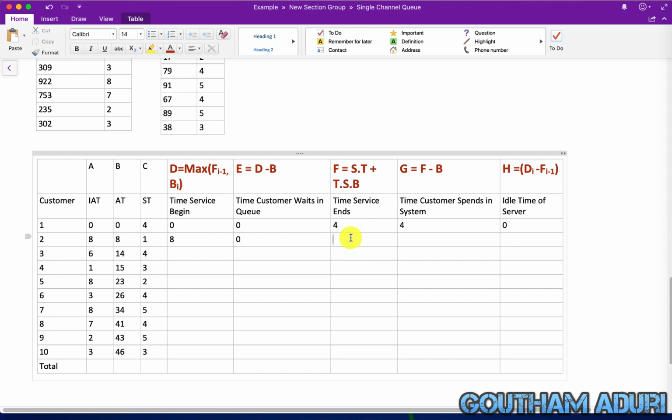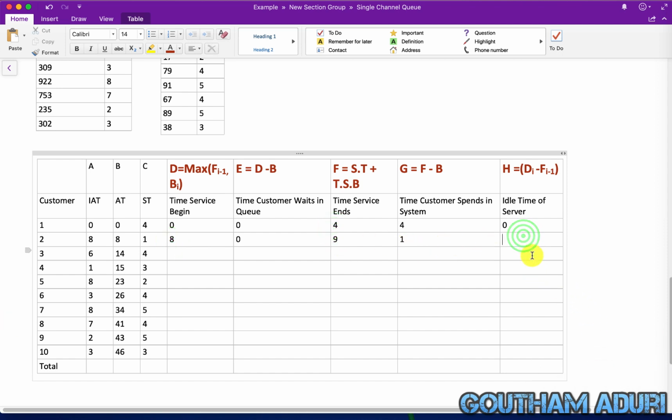Time service ends is service time plus time service begins, 8 plus 1, 9. Time customer spends in the system is time service ends minus arrival time, 9 minus 8, 1. And the idle time of the server is D I minus F I minus 1, 8 minus 4, it's 4.